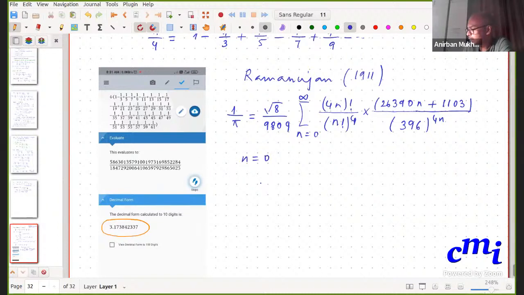If you take n equal to 0, then you have 1103 square root of 8 by 9801.